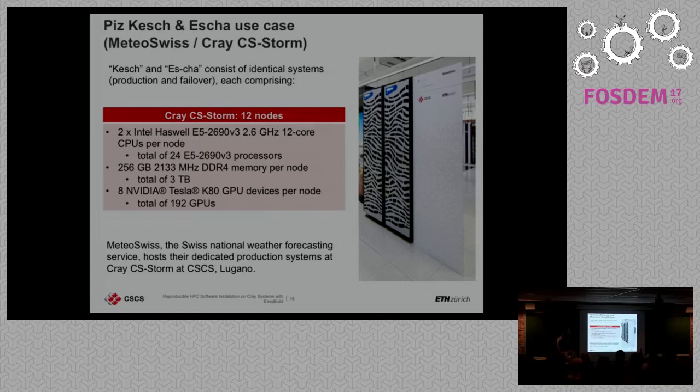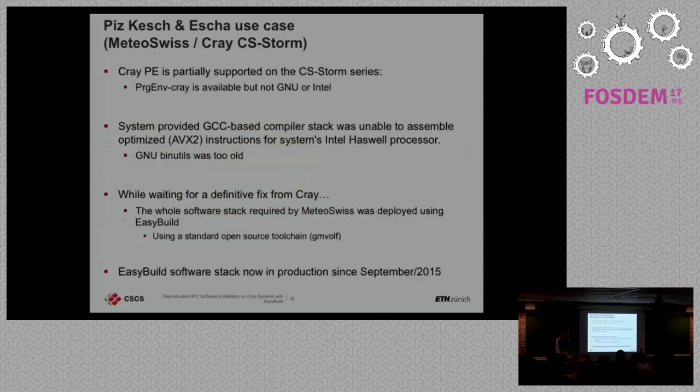They have production systems. It's two cabinets with a production and failover, a very GPU-dense system, with 8 Tesla K80s per node, so 16 GPUs per node. And this is a CS Storm series.